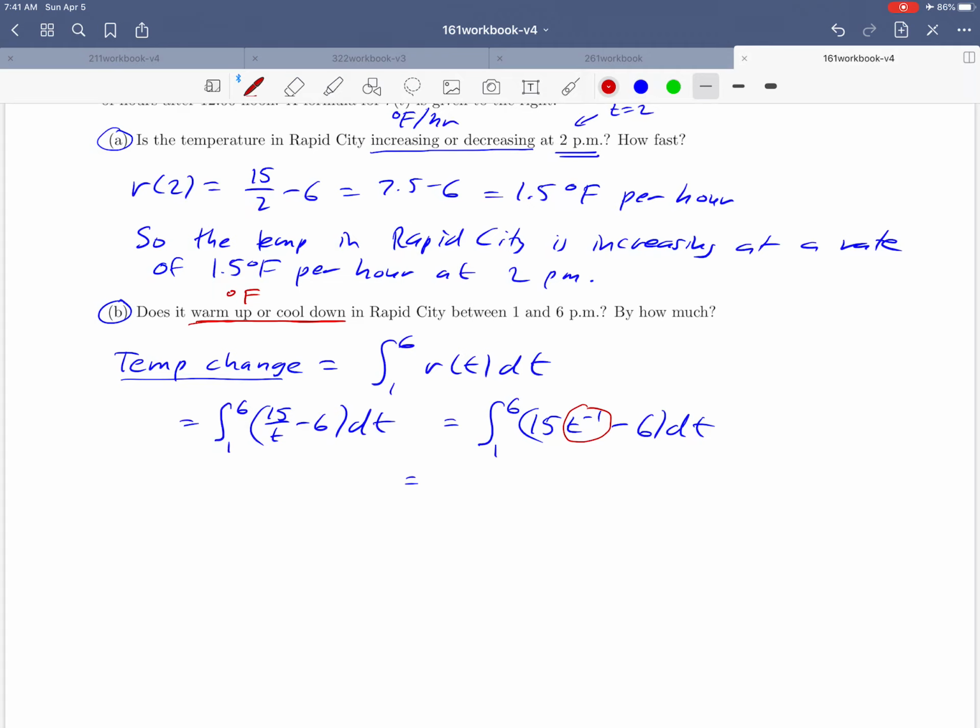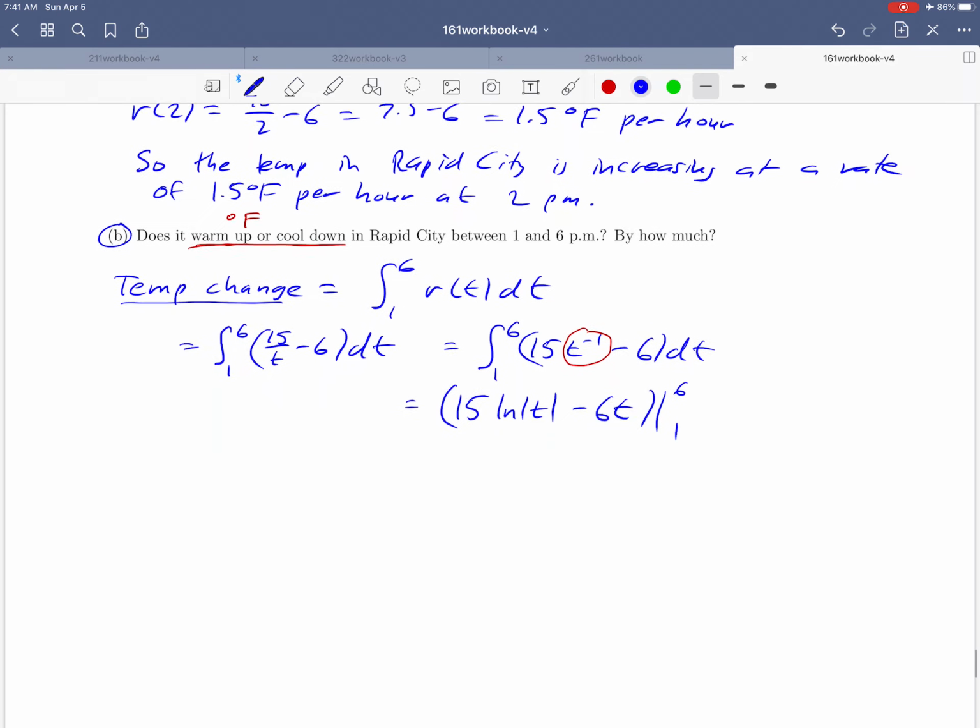An antiderivative for t to the negative 1 is the natural log function, ln of the absolute value of t. And for the minus 6, an antiderivative would just be negative 6t.